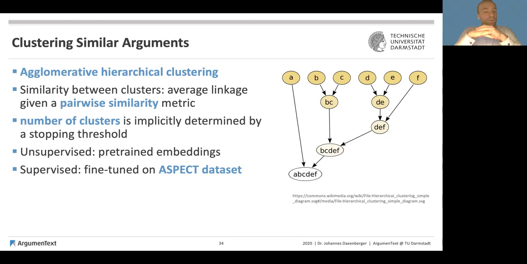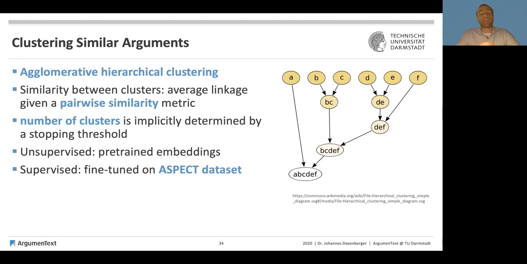The number of clusters in the end is not explicitly controlled, but only implicitly determined by a stopping threshold that needs to be set beforehand, and that determines up to which similarity pairs of clusters or groups of clusters will be merged.